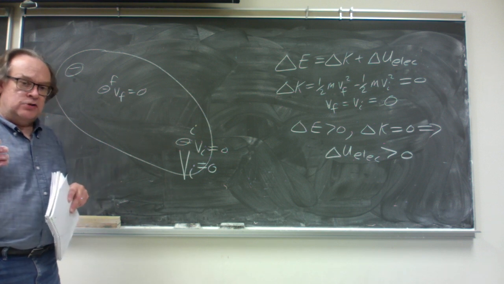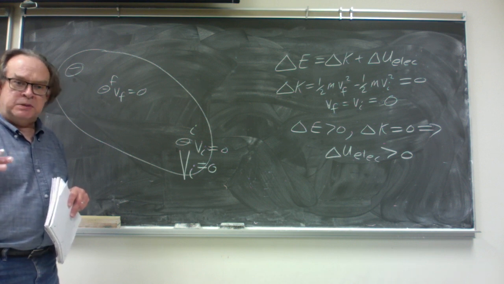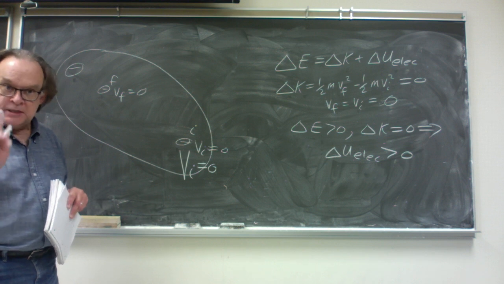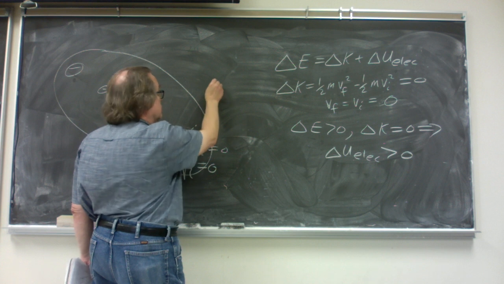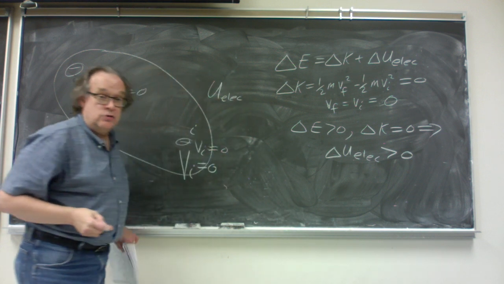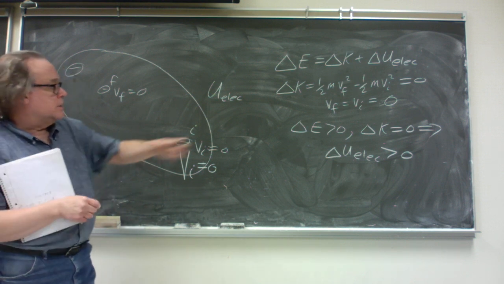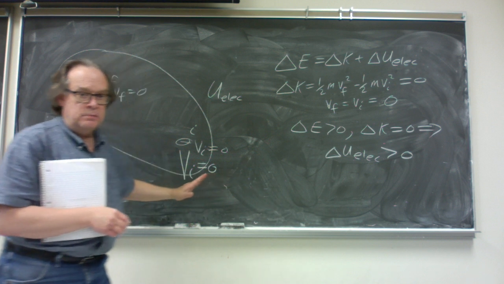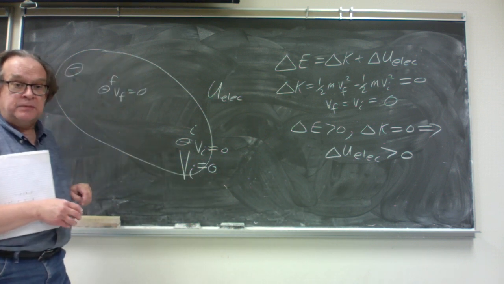And here's our basic definition of potential. The potential energy that you get, the electrical potential energy that you get, in this case we got potential energy by doing positive work on this system.